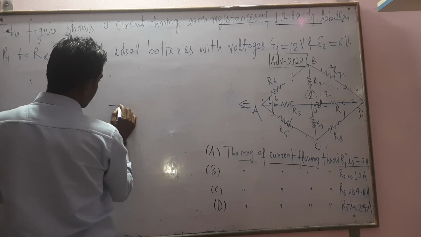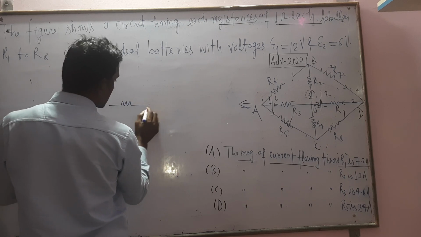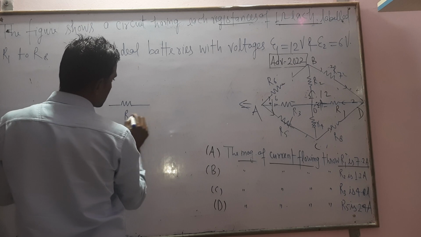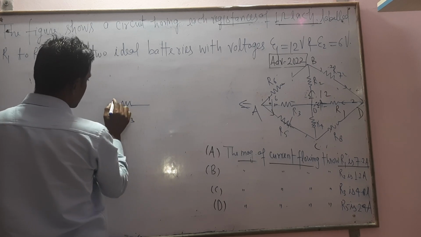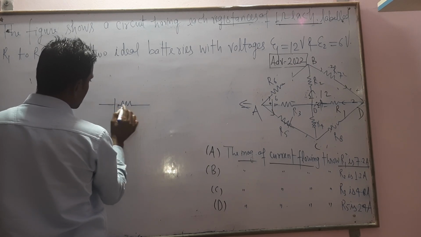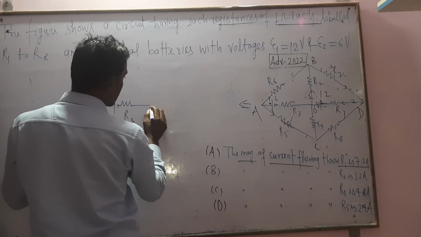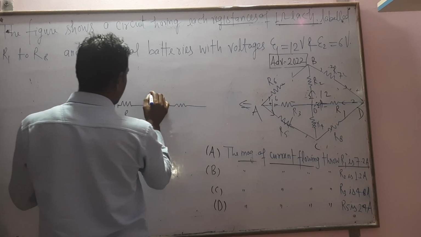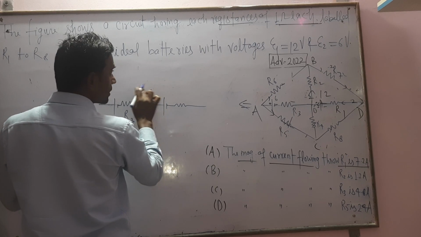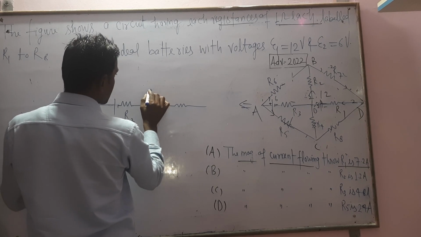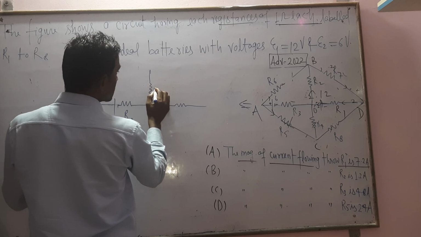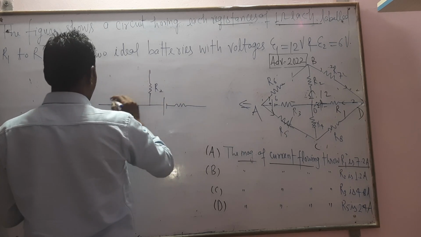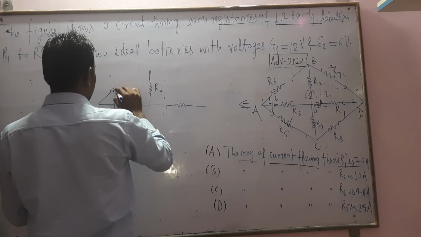Let us suppose this is the circuit, this is R3, and the battery is also connected, and this is the resistance R2.